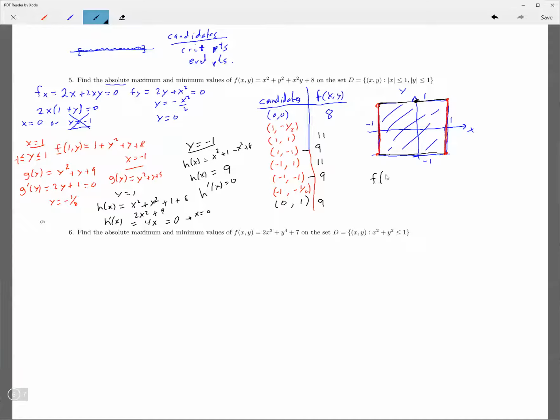Let's see, f of 1, -1/2. So I put those in there, so that's 1 squared plus, and then -1/2 squared, that's 1/4. And then x is 1 and y is -1/2, plus 8. So that's 9 and 1/4.